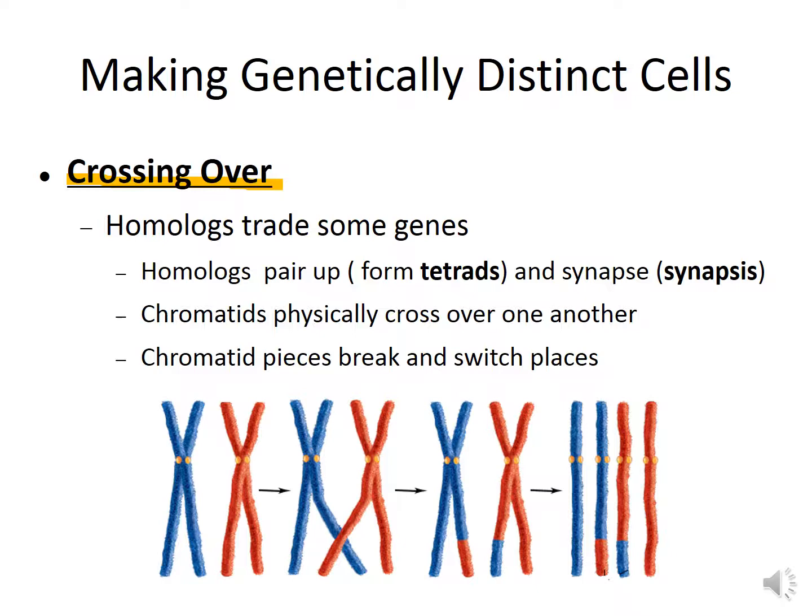First thing that happens during crossing over is that these homologous chromosomes get together. So the ones that match from mom and from dad get together. And for the sake of this example, we're going to say that the blue ones are from dad, they're paternal, and the red ones are from mom, they are maternal. Now this process happens very, very early on during meiosis.